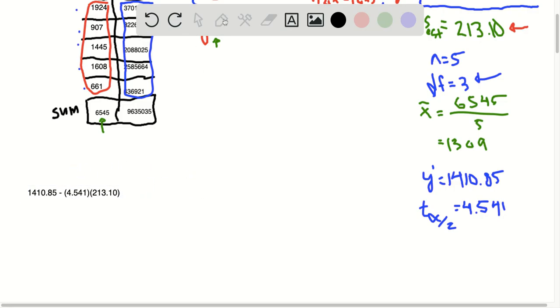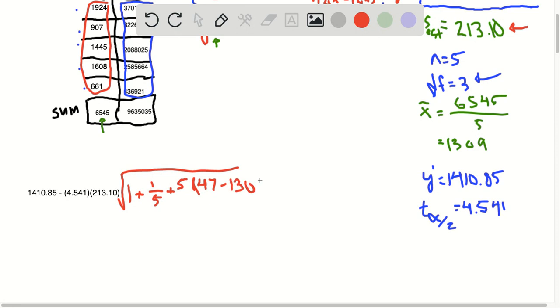This is going to be multiplied by our big square root of 1 plus 1 over n, and 1 over n is going to be 1/5 in this scenario, plus n, or 5, times our x value. Our x value in this case is 47, minus our average of the x's, our x bar, which is 1,309.